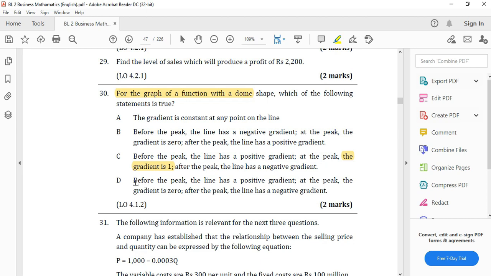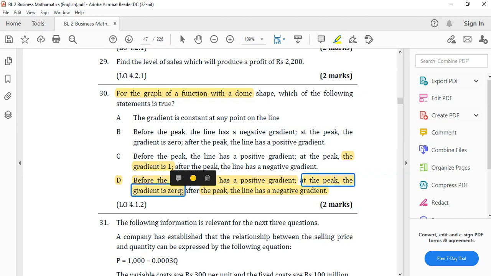So let's see answer D. Before the peak, it's a positive gradient. At the peak, it's a zero gradient. And after the peak, it's a negative gradient, which is correct. So remember the main point: at the peak, the gradient is zero.